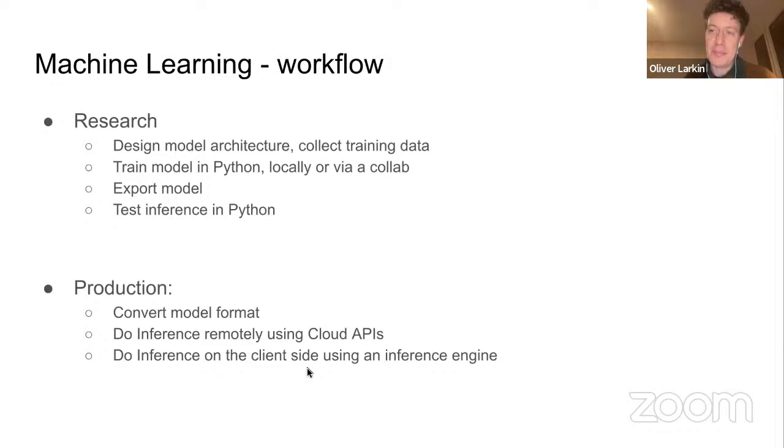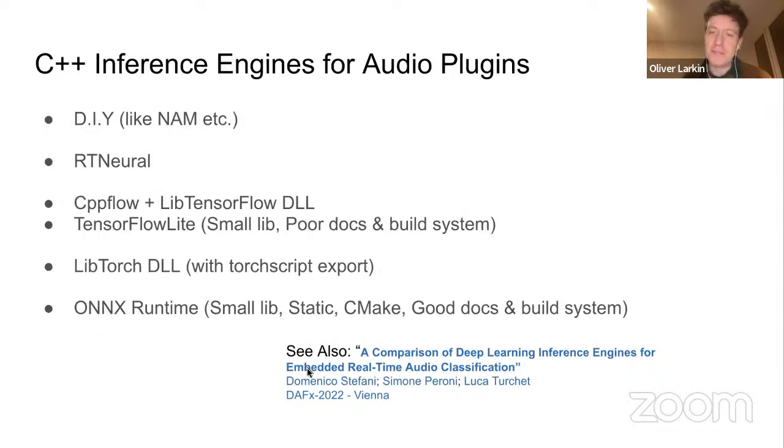So we need to use some kind of inference engine. And there's various options for this, and it really depends on what your requirements are. You could write it yourself, and this is what is going on with the Neural Amp Modeler plugin, also with some other projects that you'll find on GitHub.